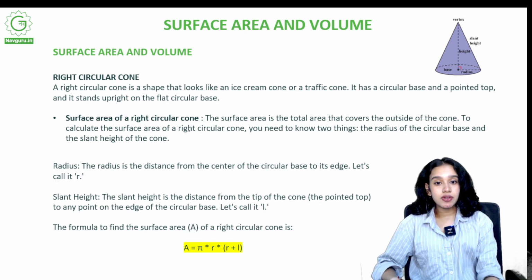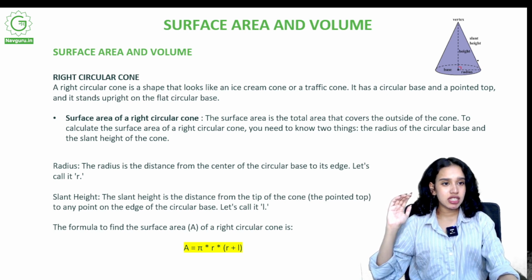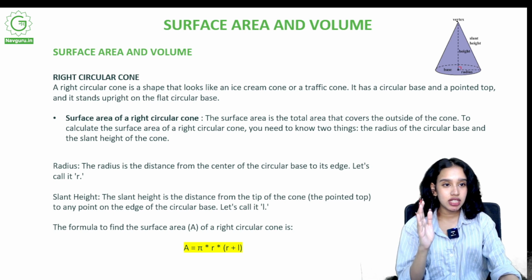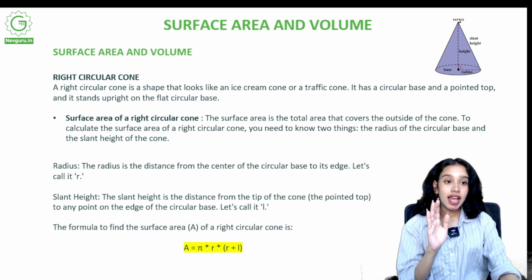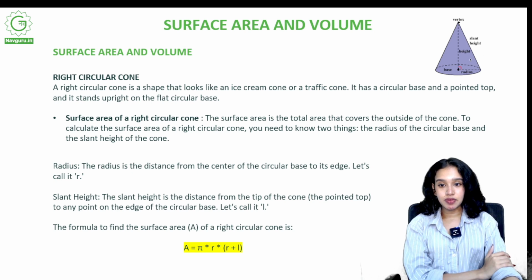To calculate the surface area of the cone, you need to know two things: the radius of the circular base and the slant height of the cone. We talked about what slant height is. Slant height is basically this height. Normal height is actually from the center to the midpoint of the circle, right? Now, slant height is actually from the vertex to one of the points on the circle, which is a straight line, right?